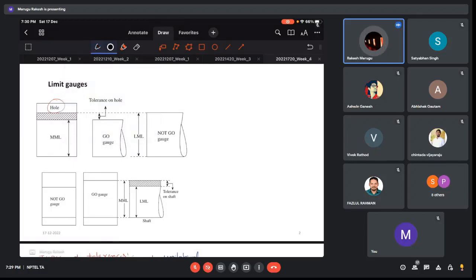The go gauge actually enters the assembly. If it is a hole, it should enter, and if it is a shaft, it should enter the shaft. So these go gauges should be for the maximum material limit. That is one rule, and it should be in full form. It should not be hollow. It should be in full form. Then the no go gauge is for the minimum material limit. Okay, that is one rule.